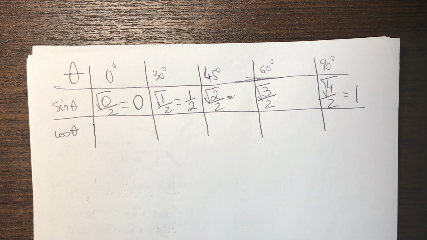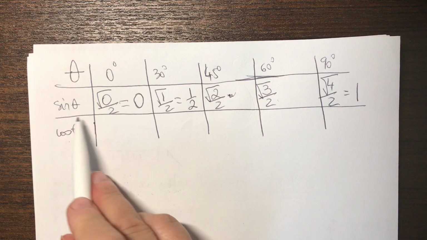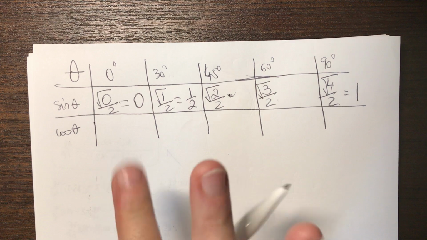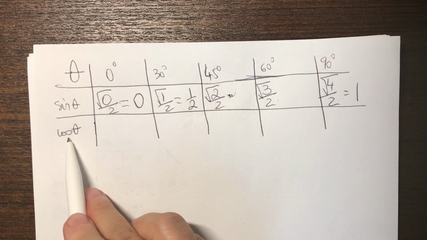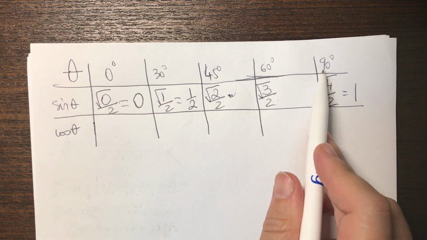Okay. Now, how do I get the cosines? We'll talk about this, but sine and cosine are co-functions of each other. In other words, cosine of 0 is the same thing as sine of the complement of 0. So numbers that add up to 90, yes? So cosine of 0, which I'm going to fill in here, is the same thing as sine of 90.